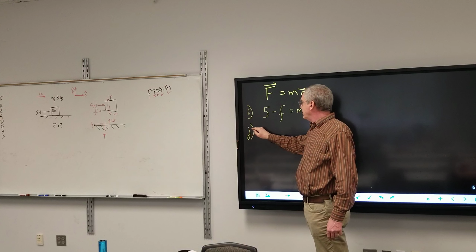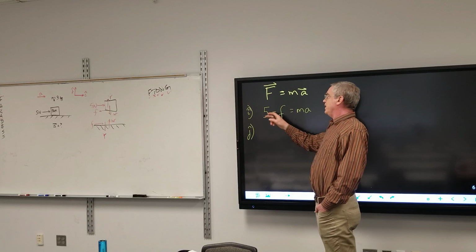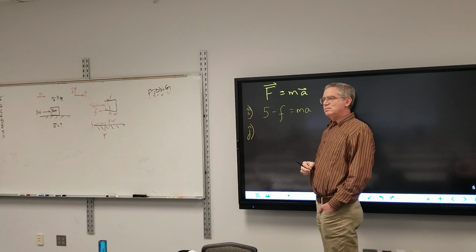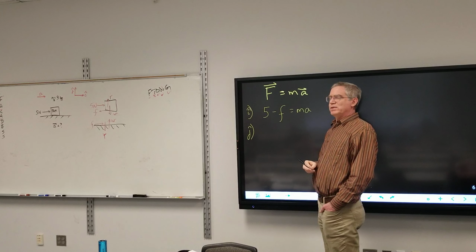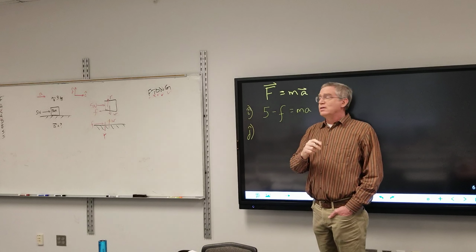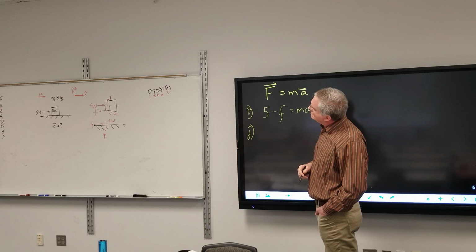My J hat equation. Based on how we came up with this one, what do you think the J hat equation is going to be? Someone take a shot. 0 minus F. Sorry? 0 minus F. For J hat? What was that?